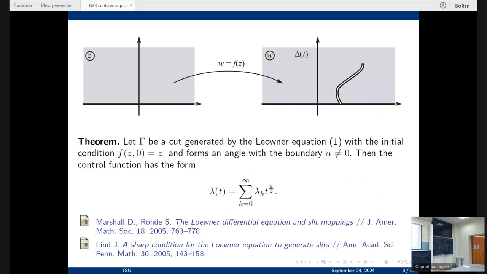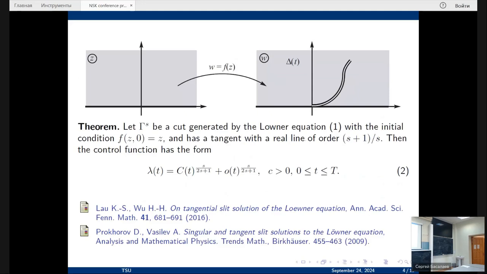The second theorem is about a cut generated by the Loewner equation, but this cut has 0 angle and has a tangent with the real line, with the order (s plus 1) over s. So the expression of the control function looks like equation number 2.